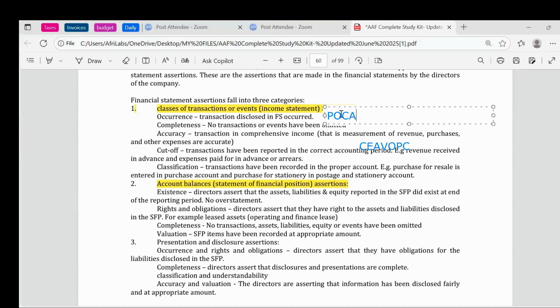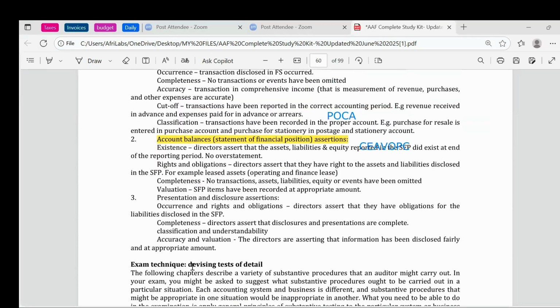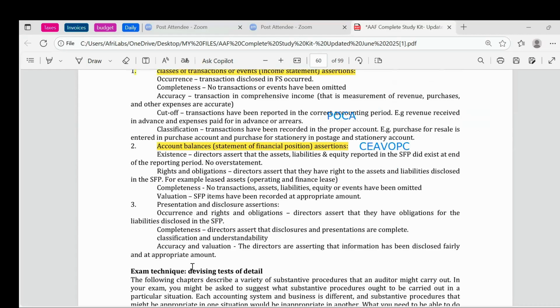Okay, so just stay with me. Okay, so let's do CVOPC first. Now, every item on your statement of financial position has to meet the CVOPC assertion criteria. Okay. Now, what is CVOPC?